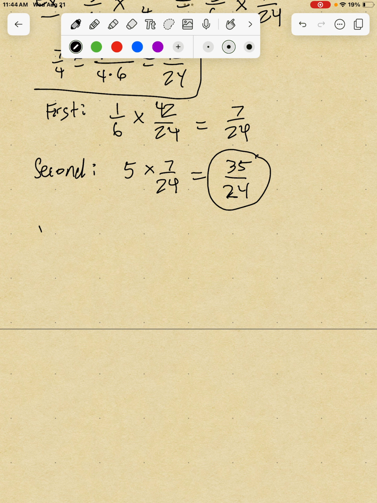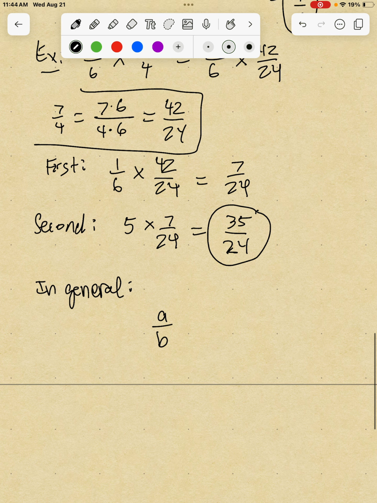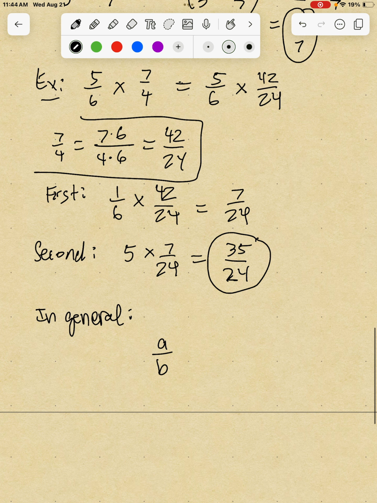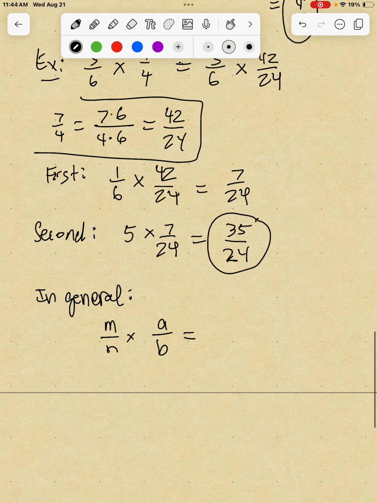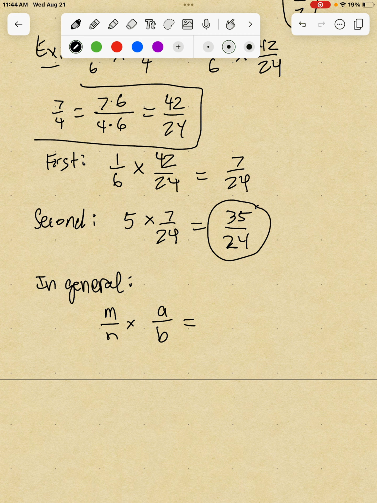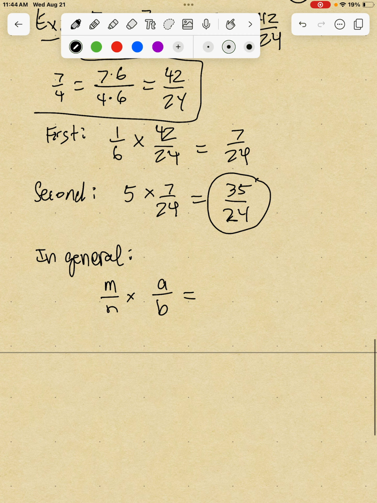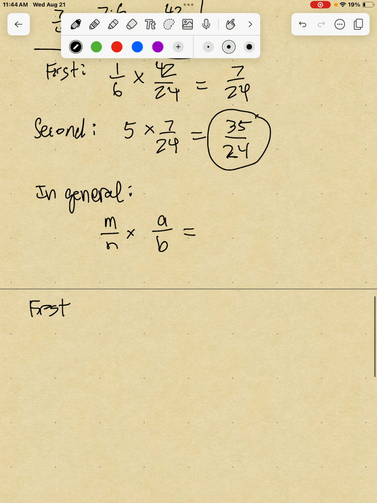And in general, what we discovered is that if you take a fraction a over b, so this would be like 7/4 in the previous example, and do m over n times it, so what is that? First, this is a good summary of what we've done.